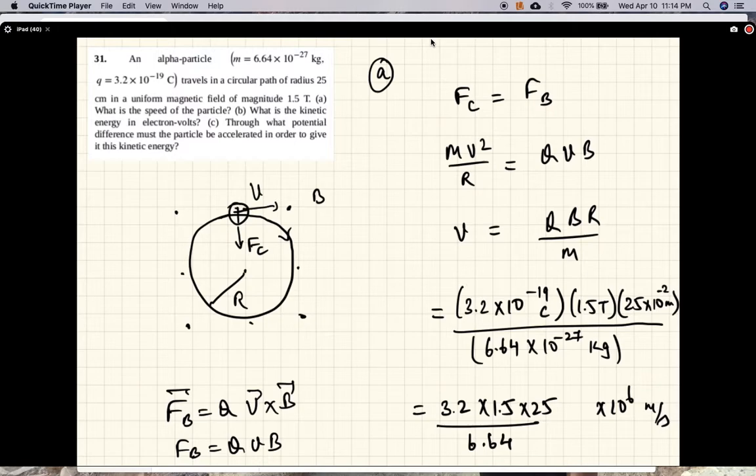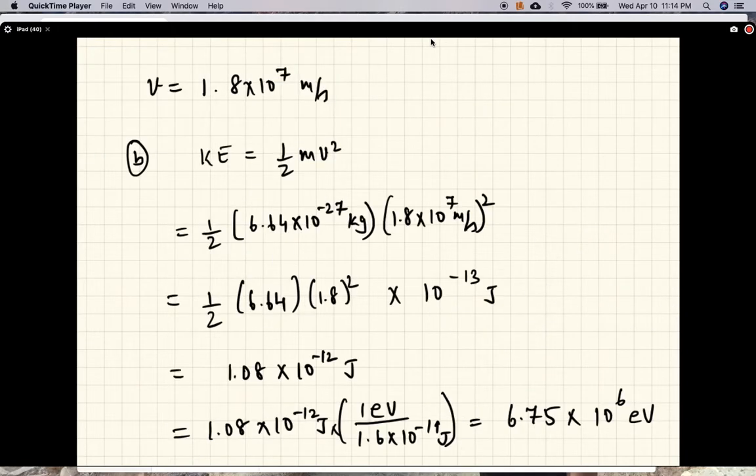Now what does this say? Through what potential difference must the particle be accelerated in order to give it this kinetic energy? Okay, so part C. The kinetic energy gained is equal to the potential energy lost.